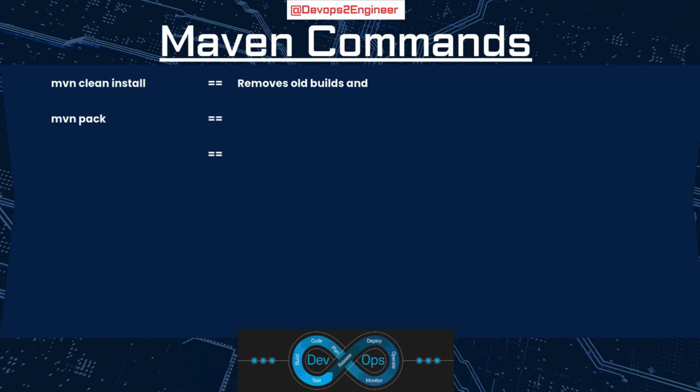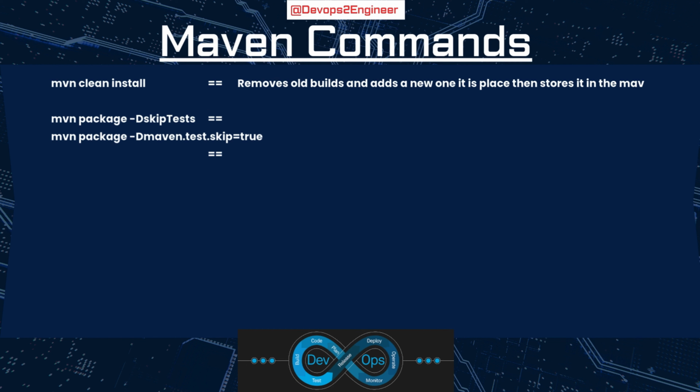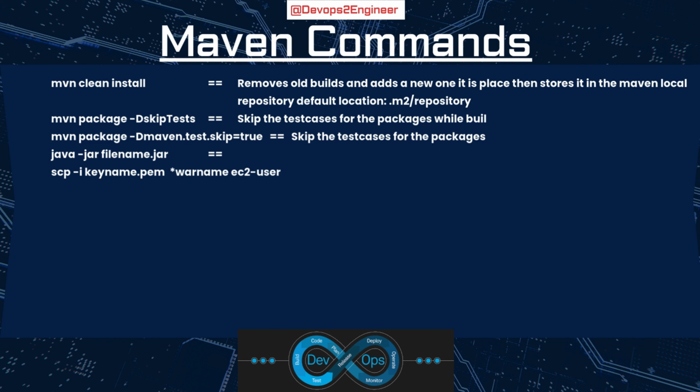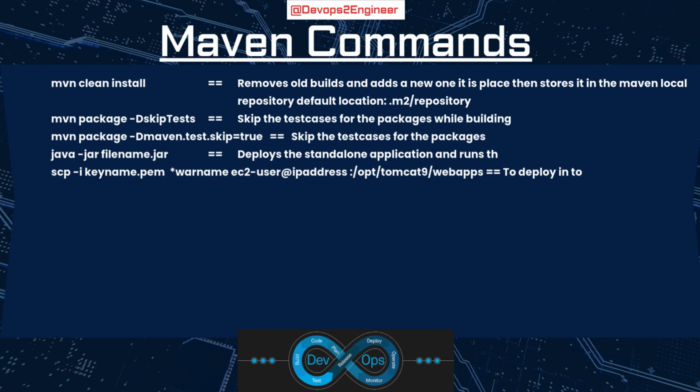These are another set of Maven commands. mvn clean install will remove old builds in the target repository and adds a new one in its place. But it will not remove the builds in the Maven local repository. mvn package -DskipTests will skip all the test cases for the packages while it's building.